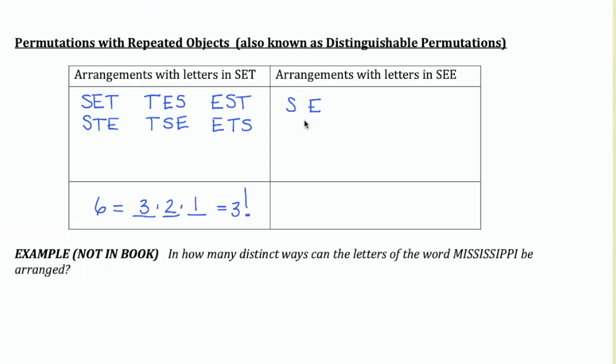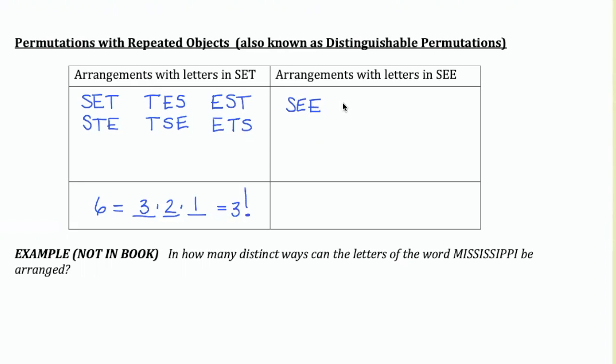So once I put the word SEE on my list, I'm not going to put SEE with the Es switched. I can't tell the difference between those. So if I want to arrange these 3 letters where I have a repeated object, I only want to count the things I can distinguish.